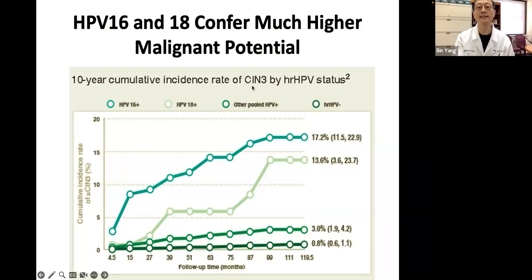If you look at this CIN3 10-year cumulative incidence rate, you can see HPV 16 is significantly higher than 18, higher than other HPV types, and higher probably than low risk. Here they call it HPV negative. To me, it's probably low risk because the HPV testing does not include low-risk types.